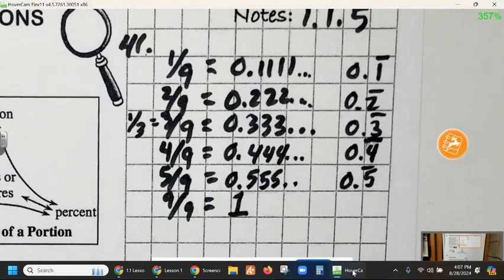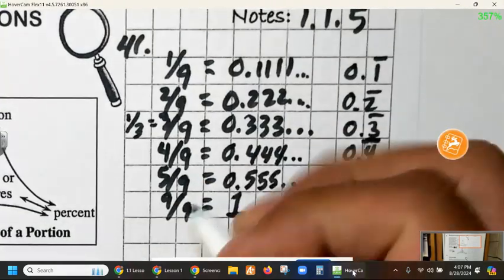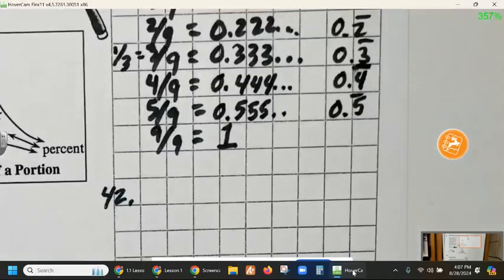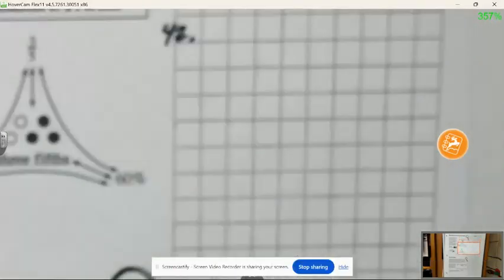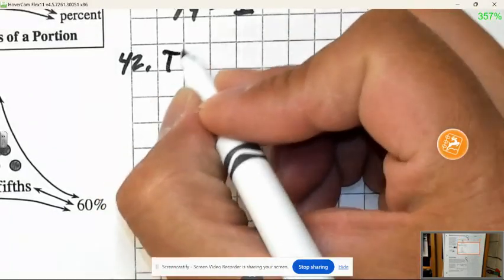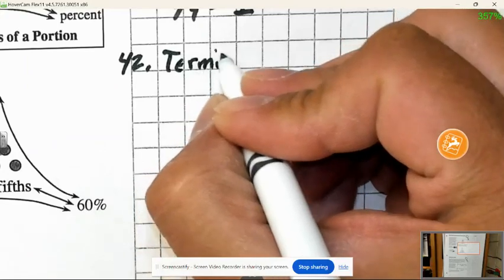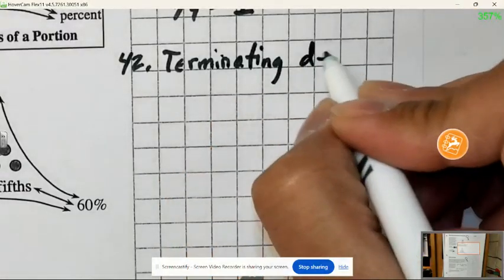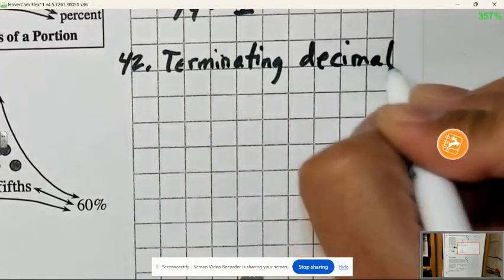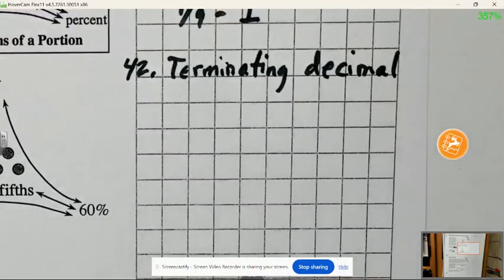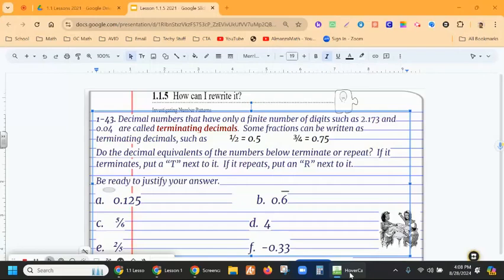So let's define that in a little easier to understand way. This is problem number 42 in our book. So problem 42, we're going to first define terminating decimal, and just find out why that number is finite.